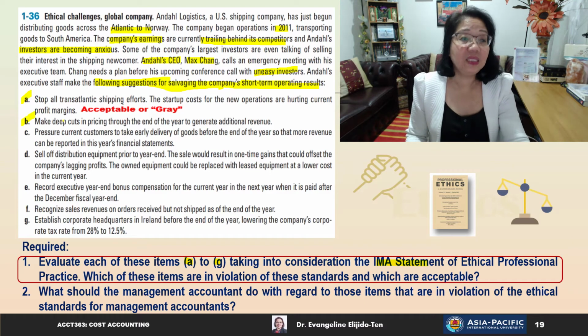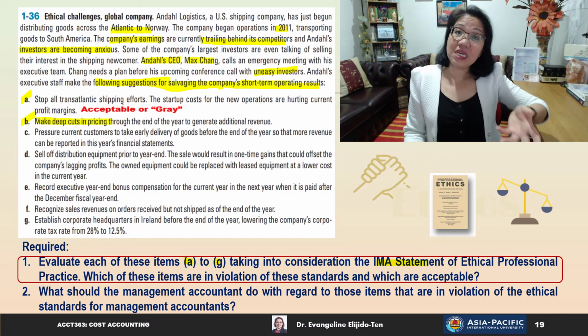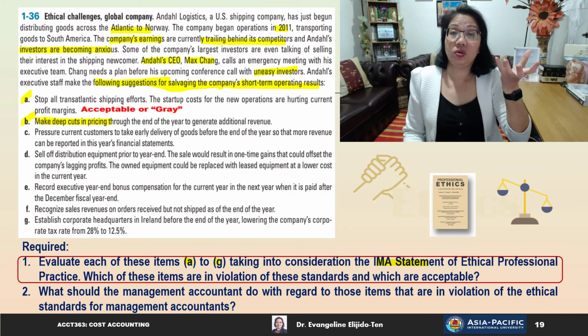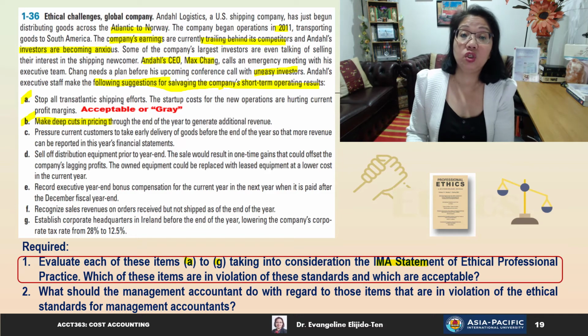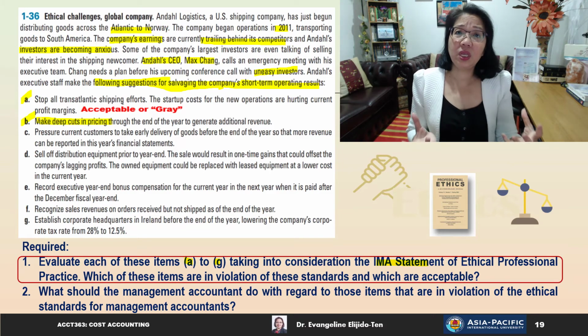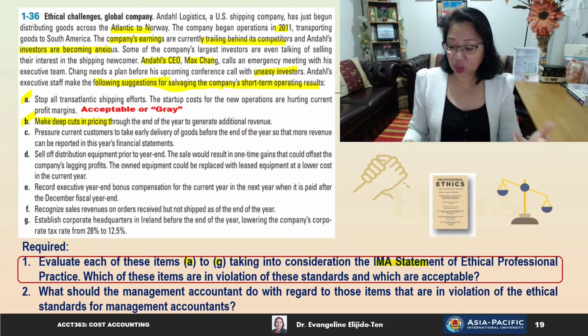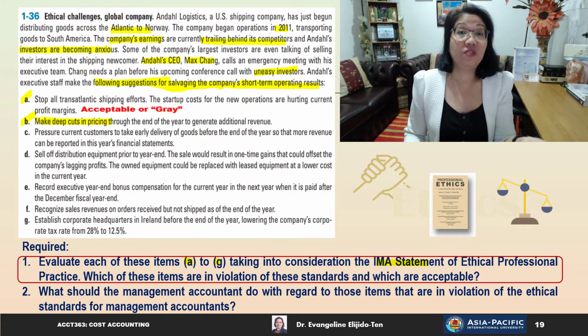To make deep cuts in pricing through the end of the year to generate additional revenue. Making deep cuts in pricing could increase our volume of sales, and thereby generate additional revenue. It may be good in the short term, but if we continue on with that, it will actually erode the profitability of the company.